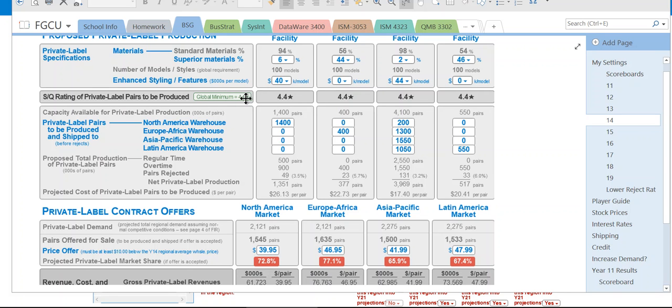how to produce our shoes at the correct SQ rating. We always made sure it was a minimum. In fact, we always made sure it was right at the minimum. We never went over and we never went under.